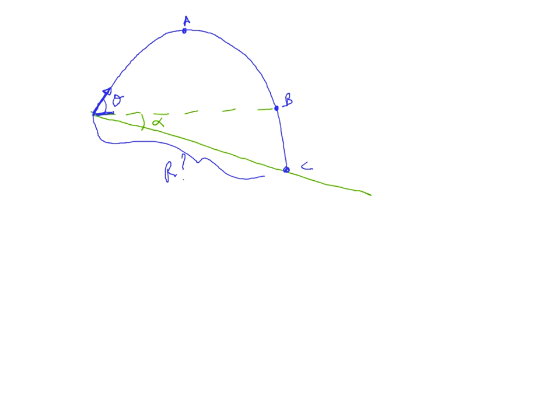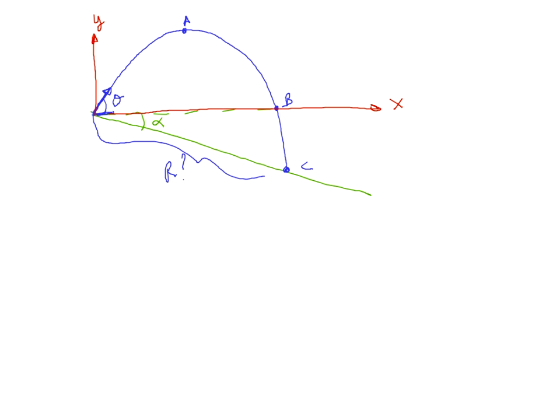We're looking for that distance r, the range. So how far does the ball land? The way to tackle this problem is to realize, okay, my coordinate system is the usual, x horizontal, y vertical.